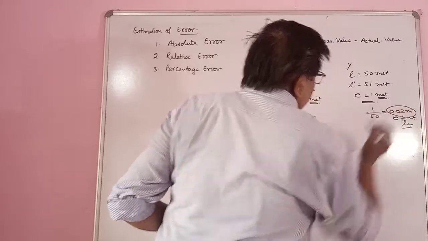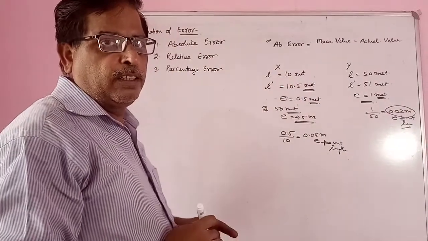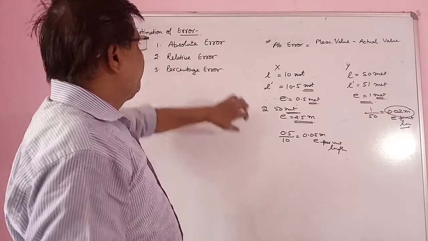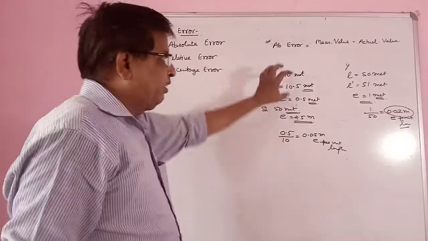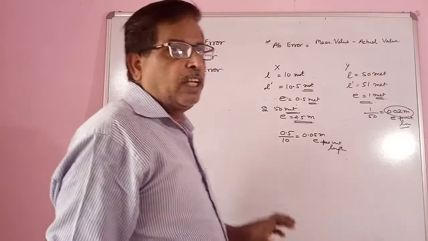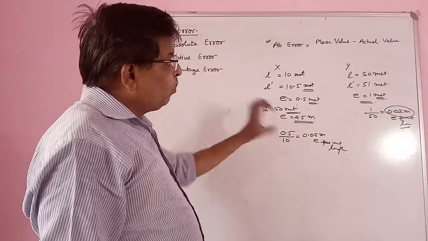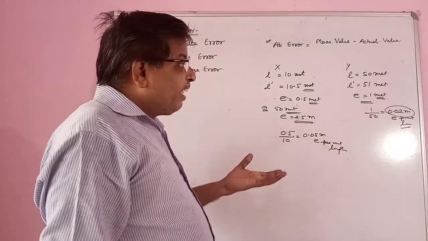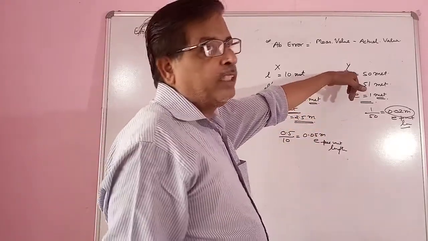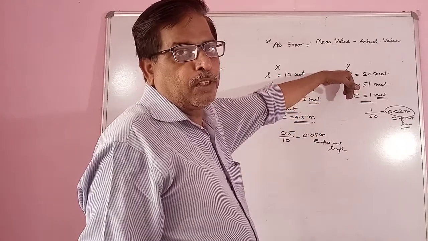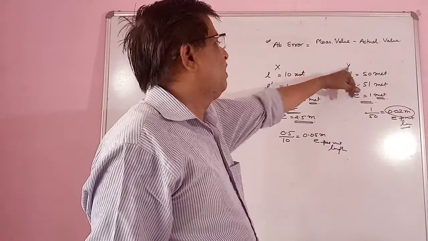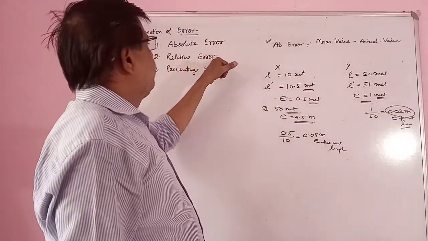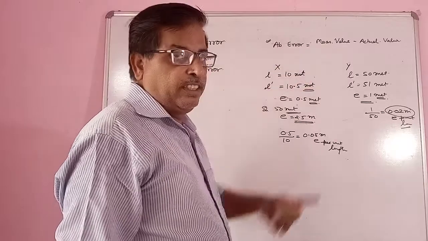So this quantity is small. So when we compare these two situations, what will we get? That measurement Y is better. This is what we can calculate by relative error.